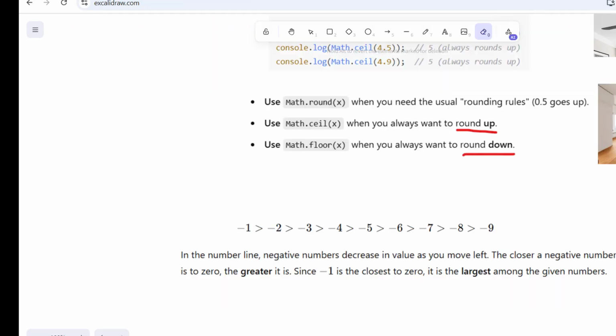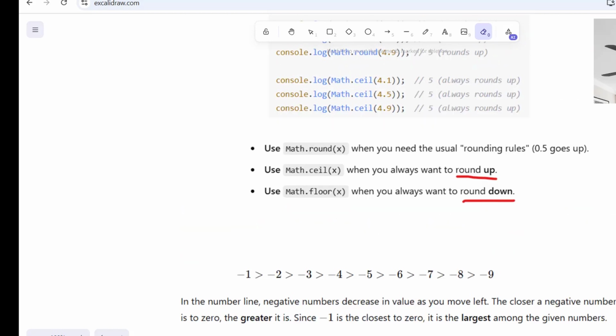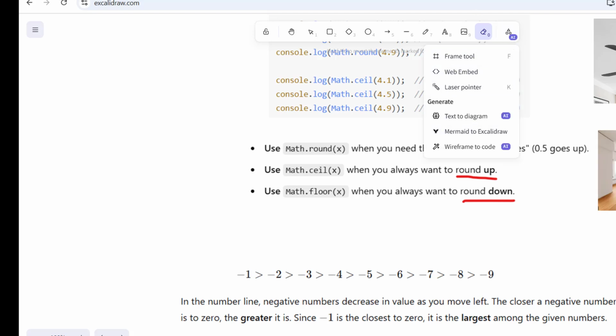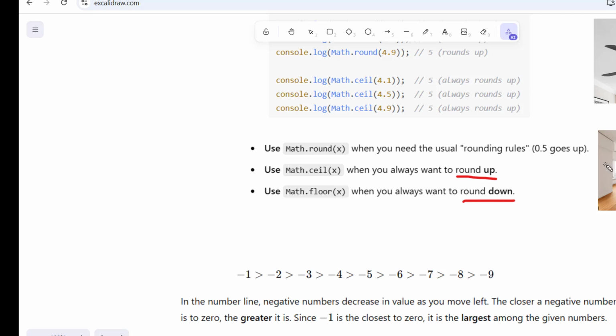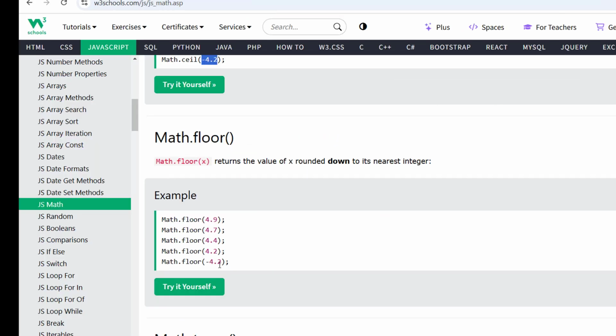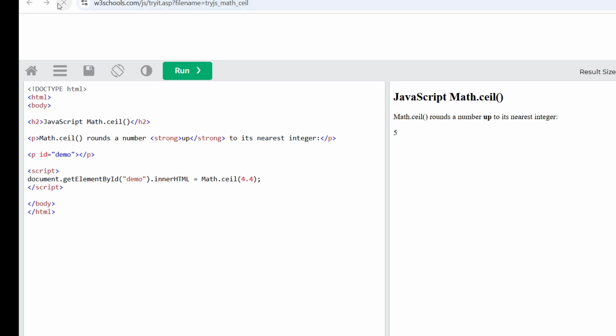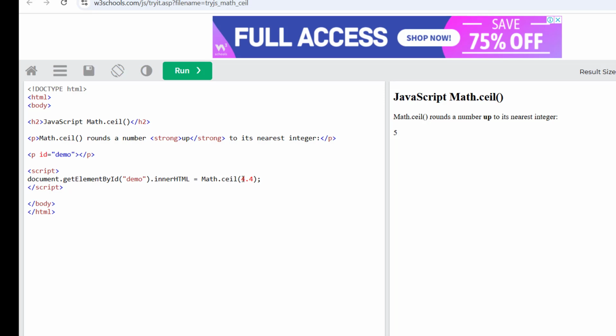Okay, Math.floor. Can you remember the naming technique? Math.floor means it will go downwards, opposite to Math.ceil. So Math.floor of 4.9 will go downwards.